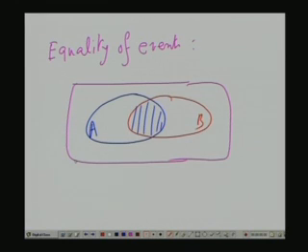probability of this event, what event? What is this portion? This part and this part. This is actually A plus B. What is A plus B? This total thing is A plus B, an intersection of this.